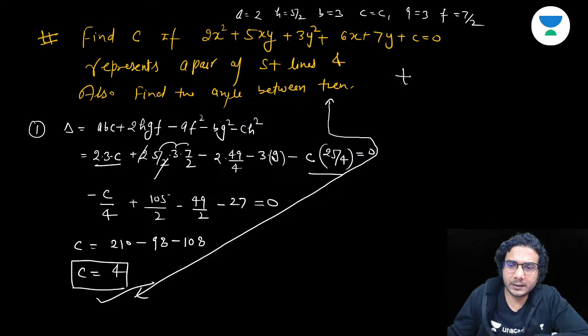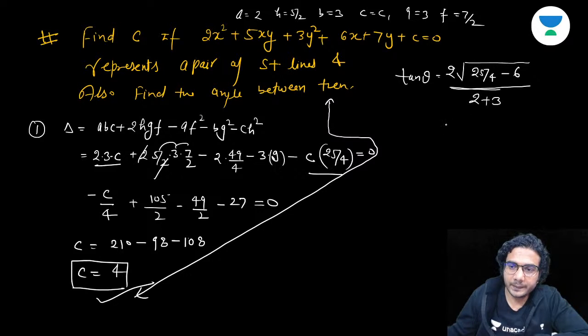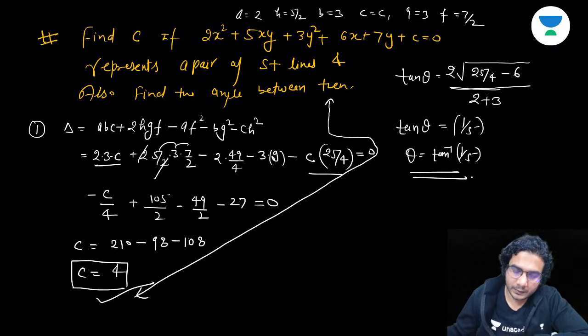Tan theta is equal to 2 under root of H square minus AB divided by A plus B. So H square is 25 by 4 minus AB is 6, and A plus B is 2 plus 3. So it is going to be 1 by 4, so 1 by 2, and it is 1 by 5. So theta is tan inverse of 1 by 5. That is okay.